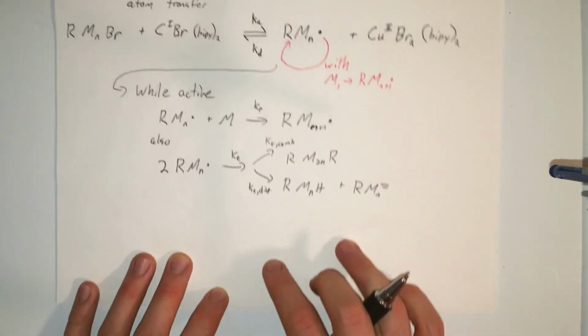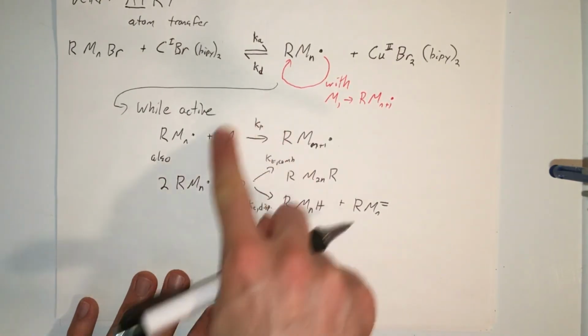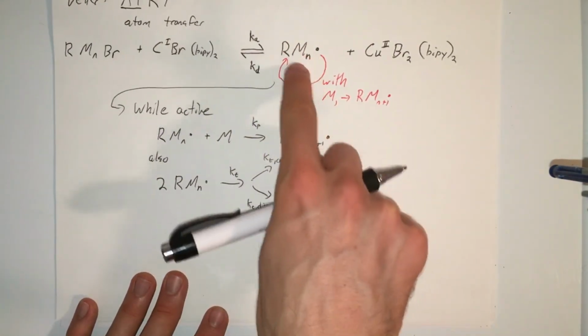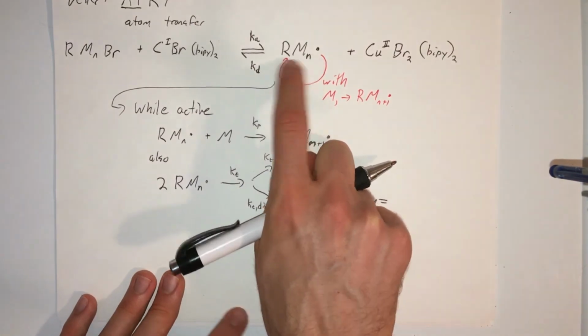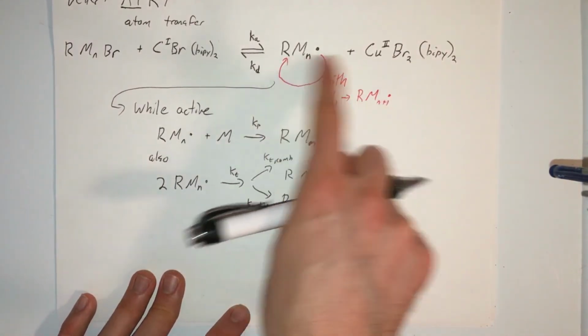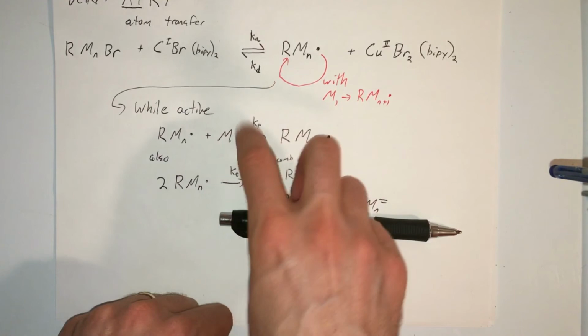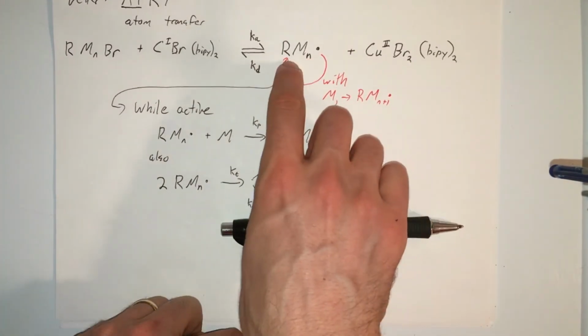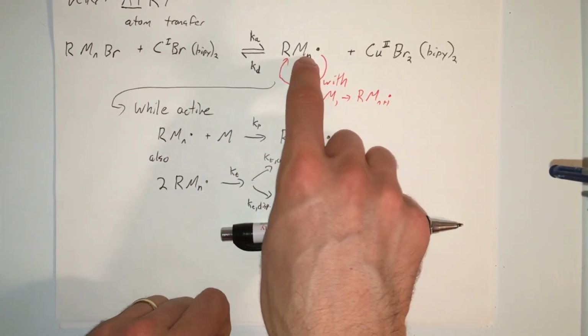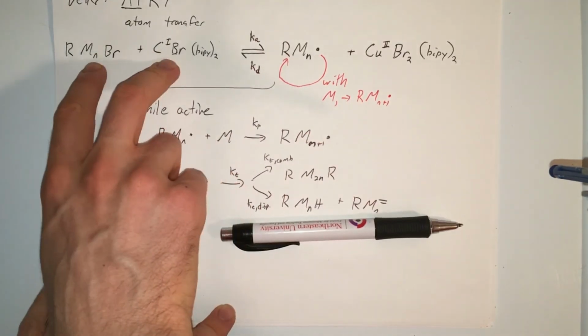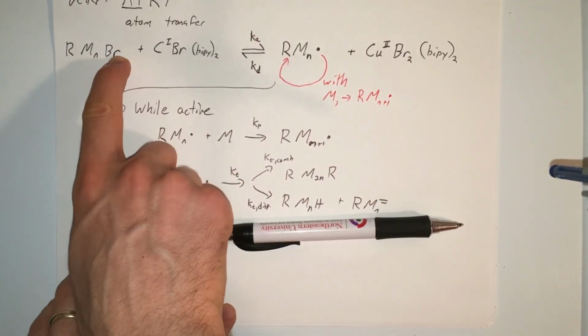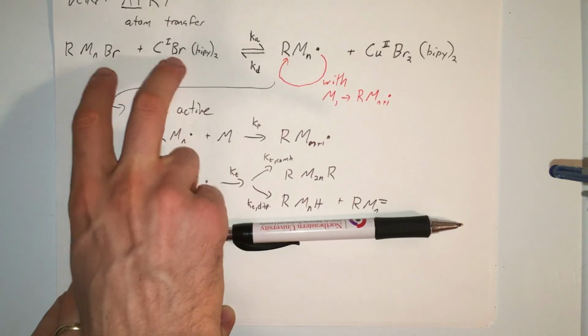Now let's think about it. Both of these processes are happening when the actively growing chains are on this side of the equilibrium. But while this is happening, maybe a monomer grows a little bit and then undergoes this reaction, and it puts it in this state where it's capped off with this bromine.